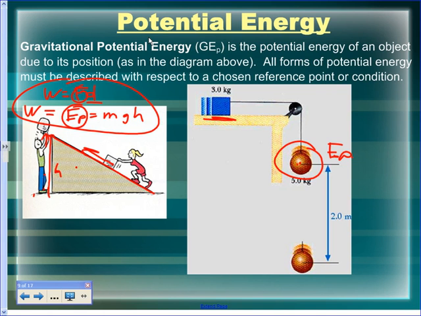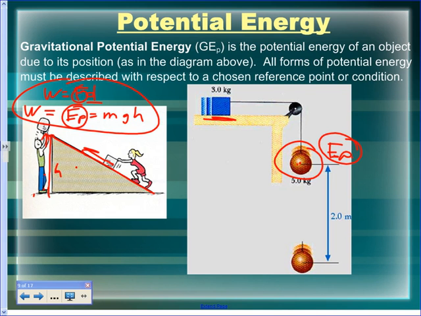When this is all said and done, the instant before this ball hits the ground, how much energy does the system have? It has to have the same amount as it had at the beginning when all of its energy was here. It's just now, some of that energy is where?